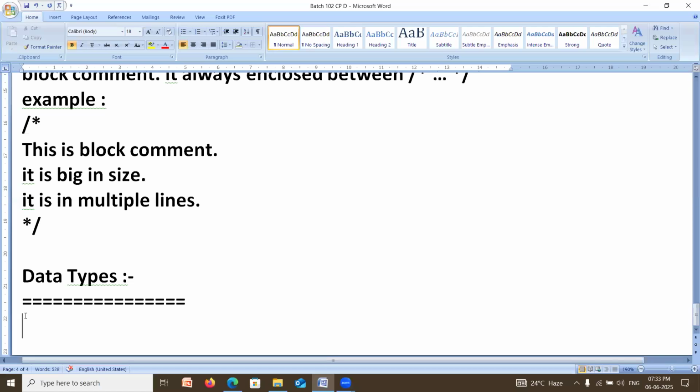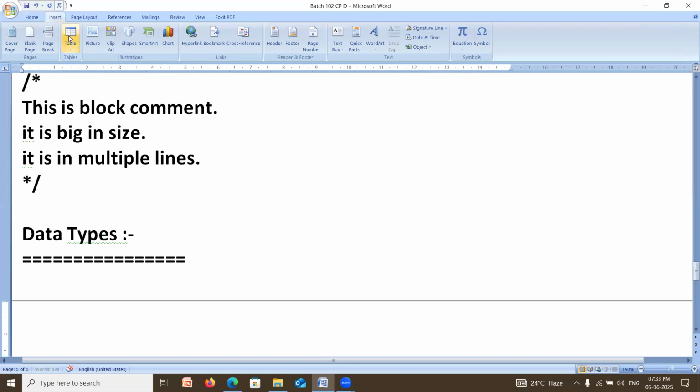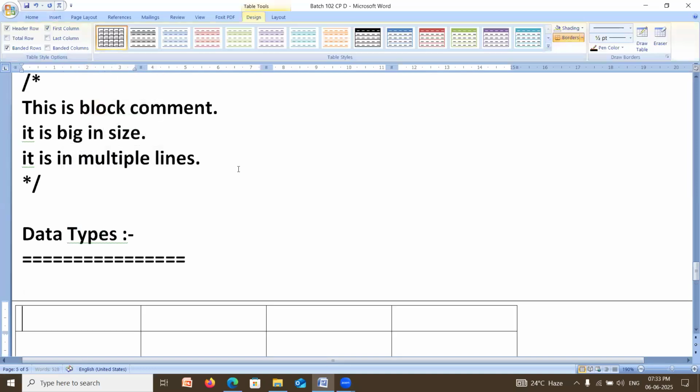What are those? Those are the types of drinks. Here I am going to explain the types of data. How many types of data are there in C language? That is called data types. I will explain with a table here, then you can understand very easily what a data type is.